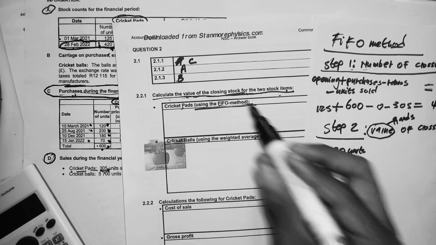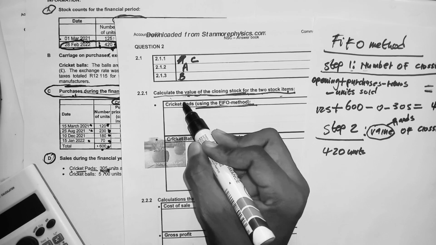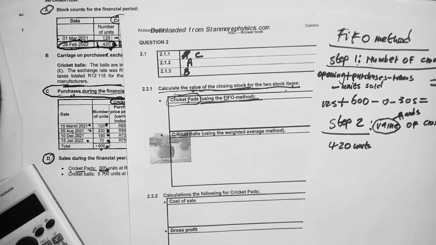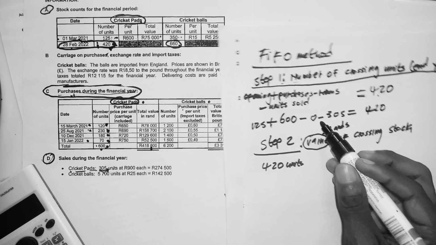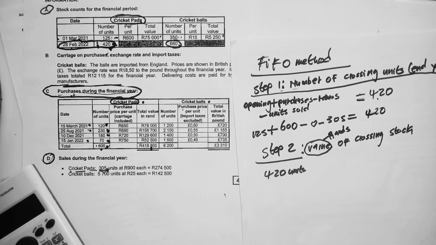Remember, they said using FIFO method for cricket pads. So in using FIFO method, you have to apply the explanation that I gave you on the first video. What is the FIFO method and how does it work? You have to apply that knowledge.